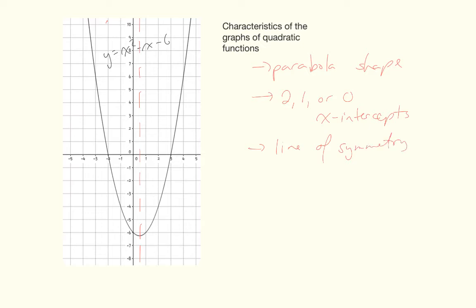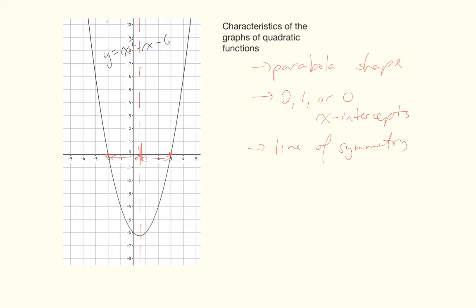Now, it's going to be a line straight down the middle, and one important part of where the line of symmetry is going to be is, well, it's going to be exactly halfway between the x-intercepts. So if I know exactly where the x-intercepts are, I can draw a line halfway between them, and that would be the line of symmetry of my parabola.